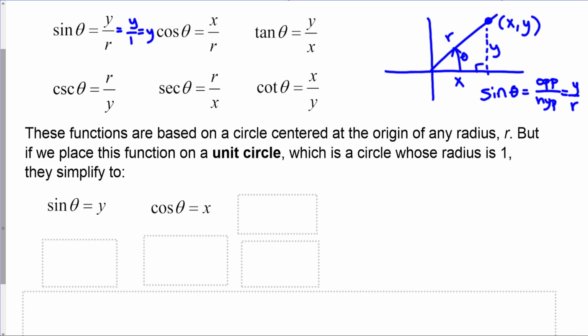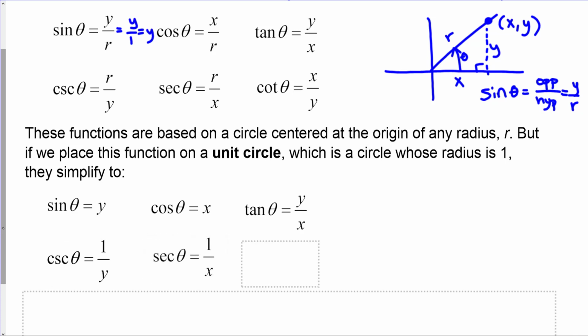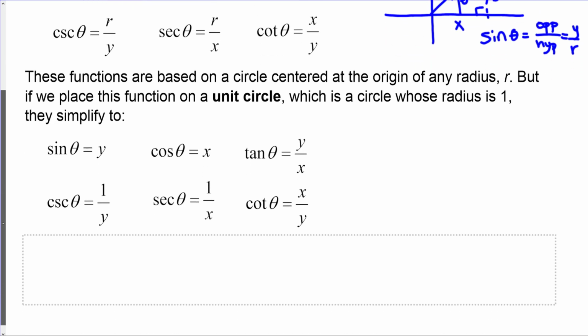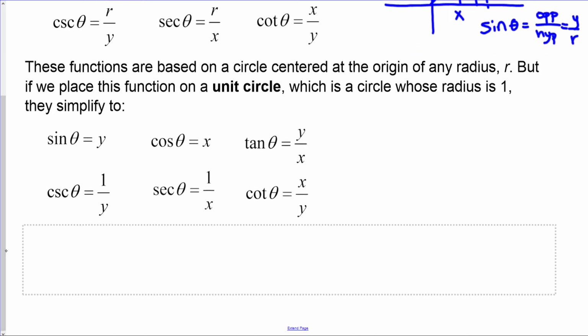Cosine theta equals x. Tangent theta doesn't change because it didn't depend on r, but it's y over x still. Cosecant is 1 over y. Secant is 1 over x. And cotangent is x over y. So it just makes our functions a little bit simpler to remember.